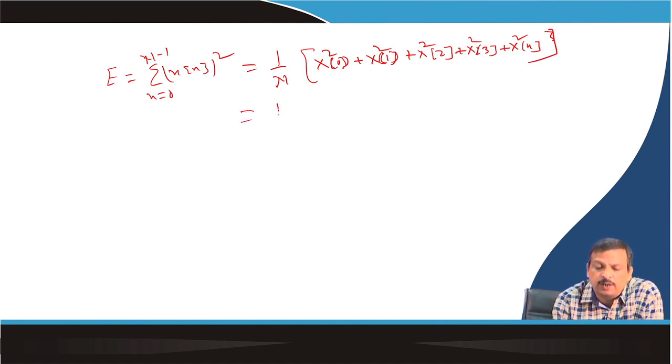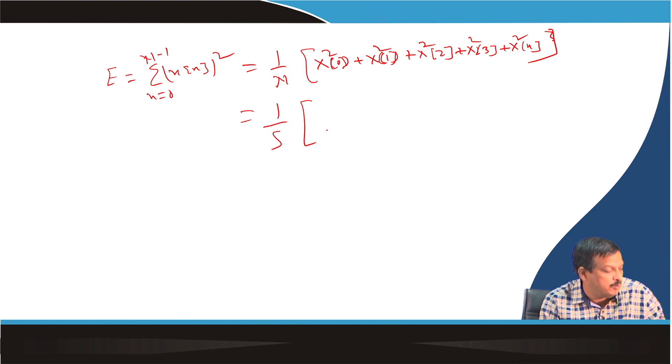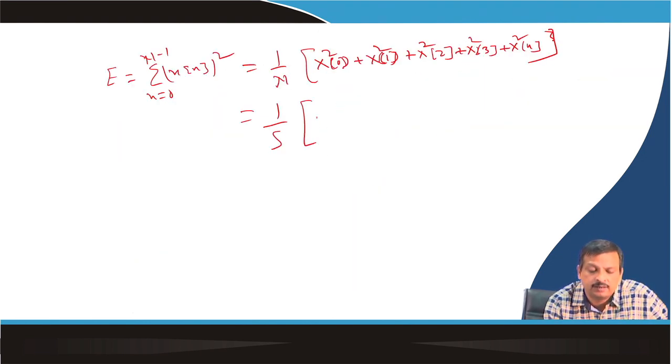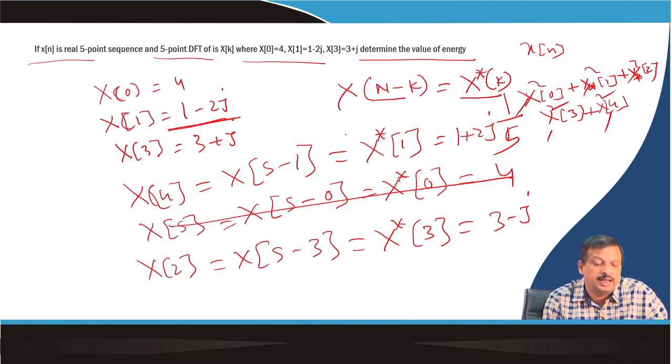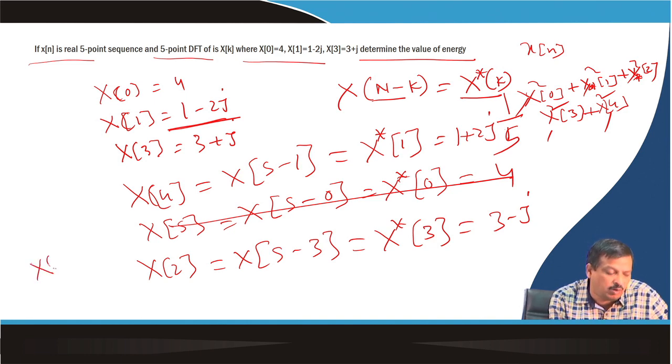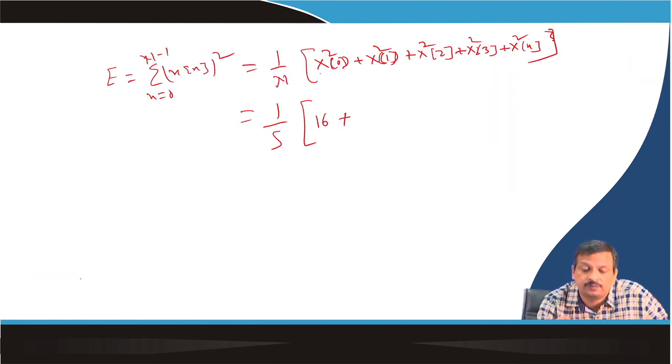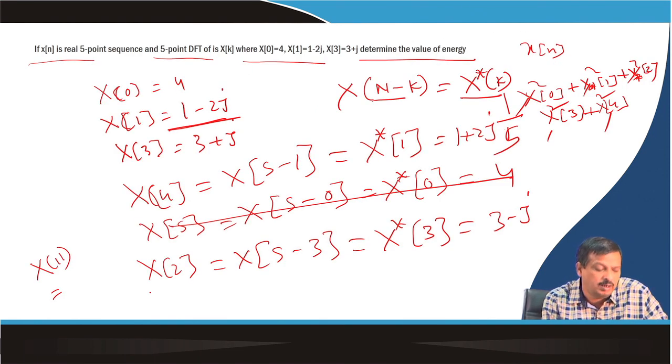So, N is equal to 5. So, 1 by 5 into X of 0 square. What is X of 0? It is 4, square means 16, plus X of 1, 1 minus 2j. All of these will be mod squares: mod X1 square, mod X2 square, mod X3 square, mod X4 square. The mod is the root of real square plus imaginary square.